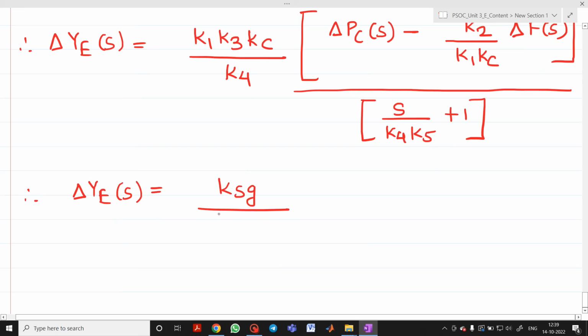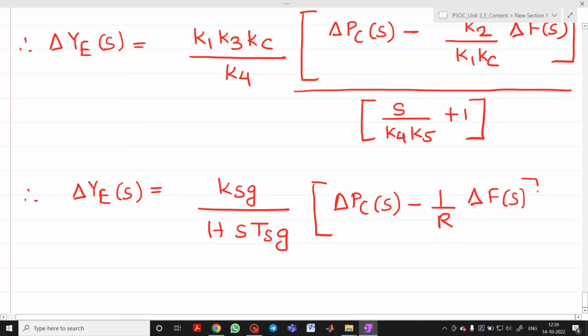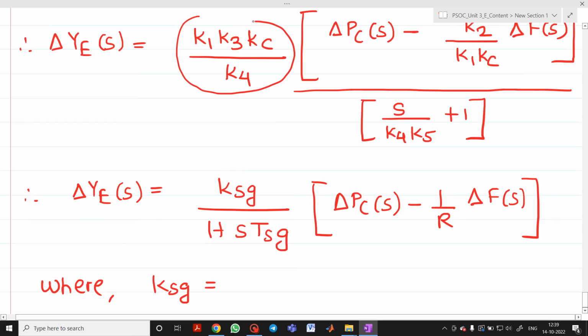KSG upon 1 plus S into TSG, into the bracket delta PC of S minus 1 by R into delta F of S. Where, if you observe, what is the value of KSG? This term is nothing but KSG: K1 into K3 into Kc divided by K4.